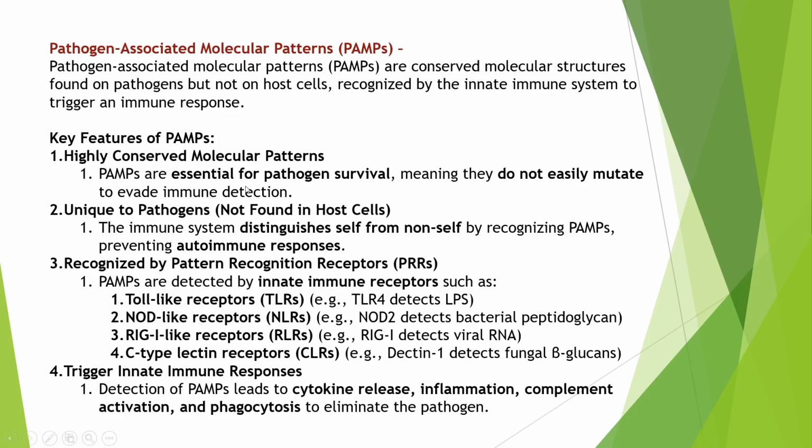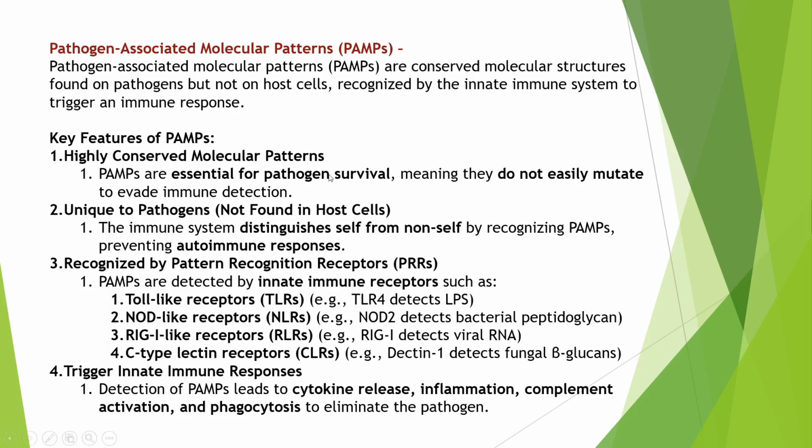So PAMPs are essential for pathogen survival, meaning they do not easily mutate to evade immune detection. The reason these are conserved molecular patterns is that they help the pathogen to survive. It is actually essential for the pathogen. Our body is using this essential survival biomolecule, anything that is required for the pathogen to survive, as a signal to detect that it is a pathogen.